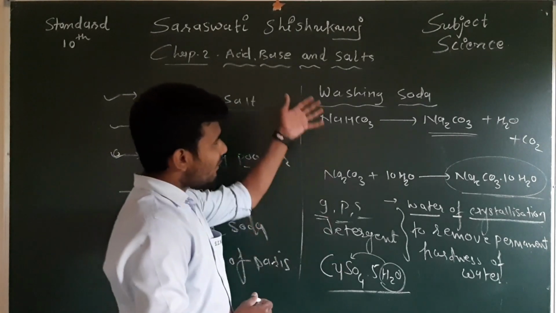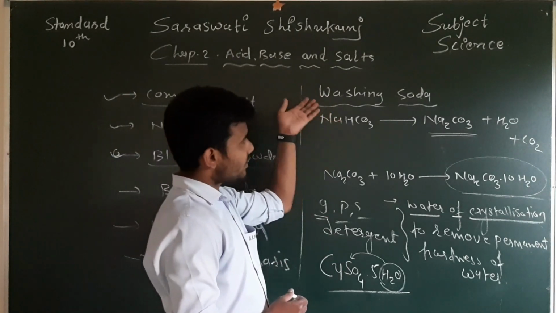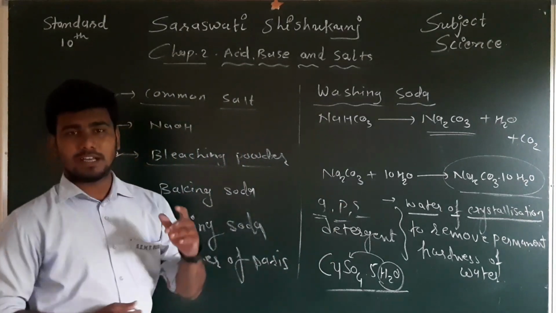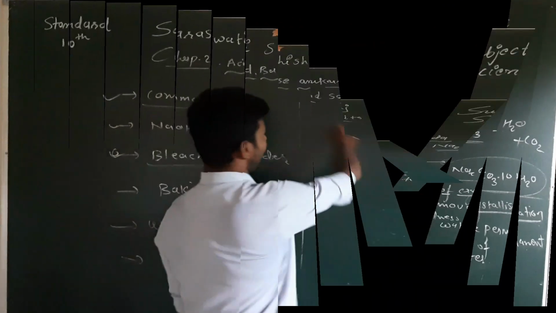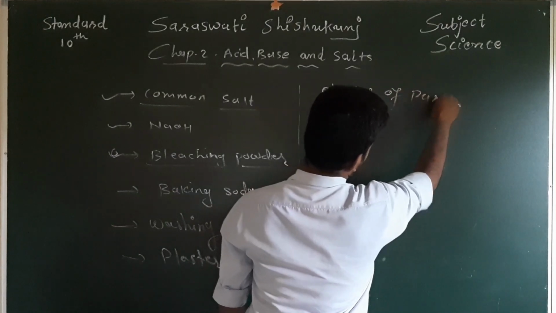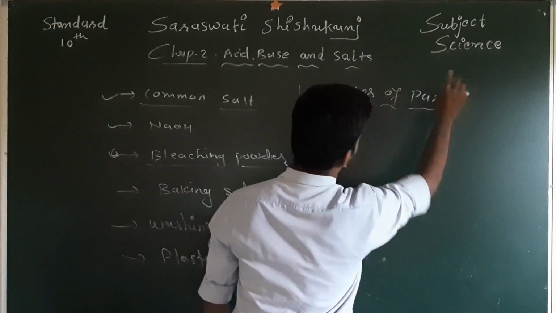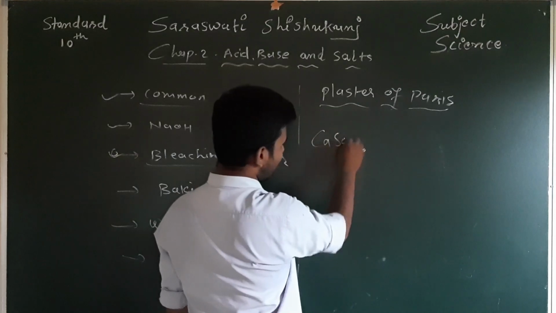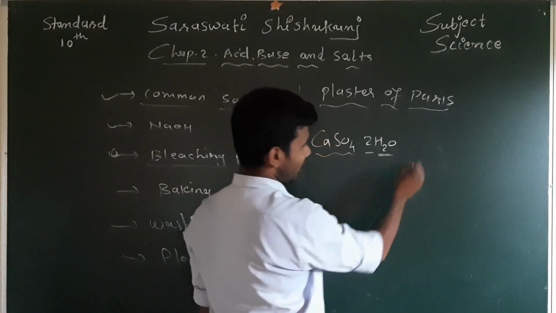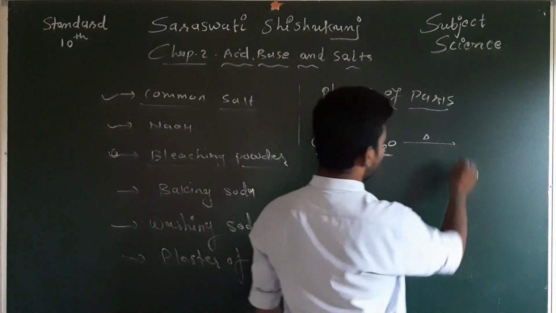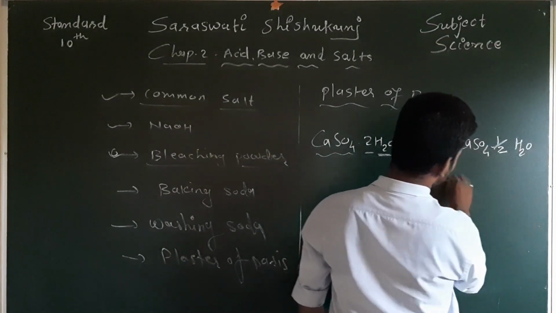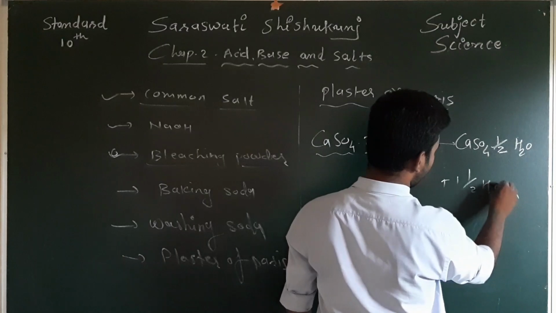Now, as we have understood the preparation of washing soda and where washing soda is used, let's go towards the last, that is plaster of Paris. We know that gypsum is CaSO4·2H2O, calcium sulfate dihydrate. By heating that, we will get CaSO4·½H2O plus 1.5 H2O will be released.